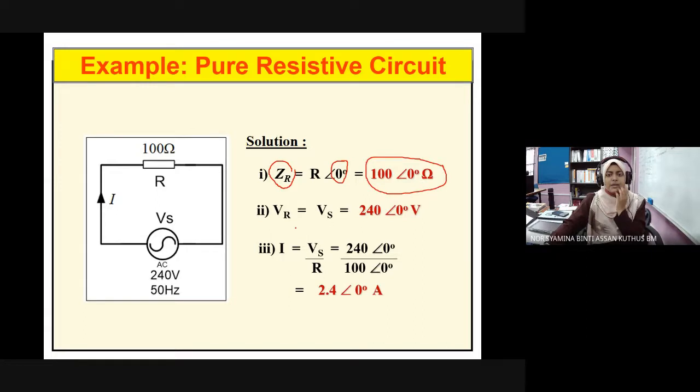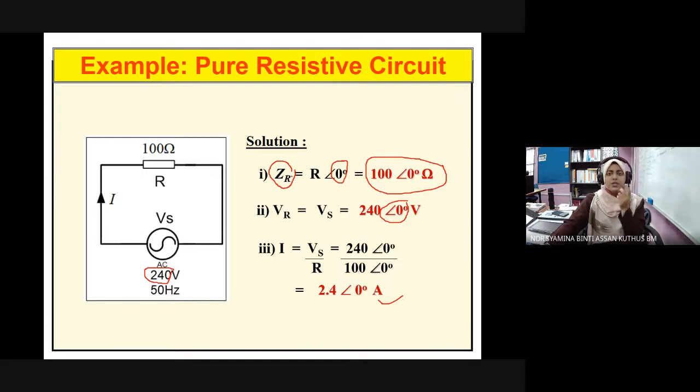Okay. So bila mana R is that value, V kita dah diberi. So dekat sini VS ini adalah dalam bentuk AC current. So AC current awak ambil sahaja 240 volt. So 240 volt is also tak ada angle. Maksudnya dia tak ada phase different tu lah. Alright, so nak cari I gunakan saja Ohm's law. Cari Ohm's law awak akan dapat value. What is ZR?